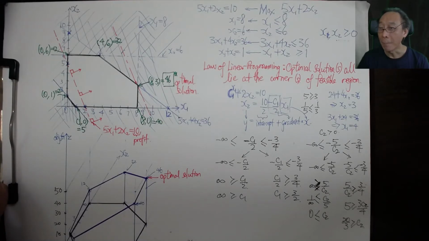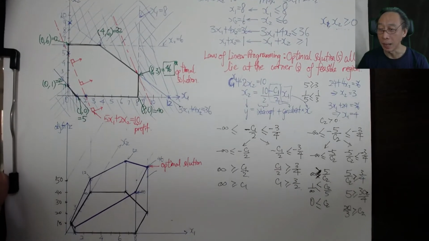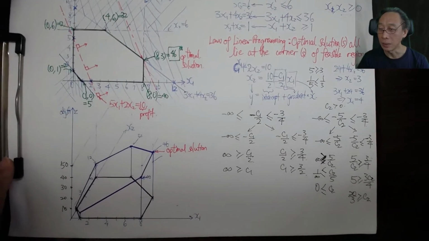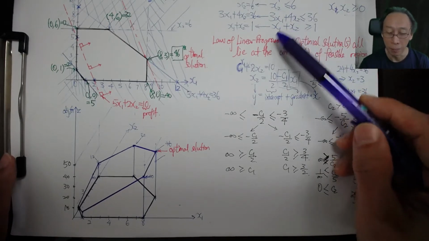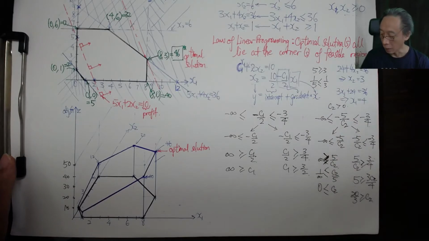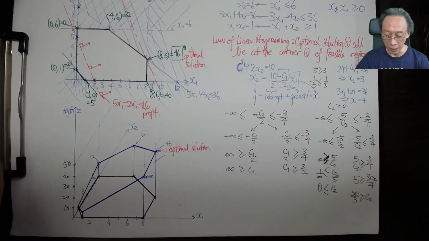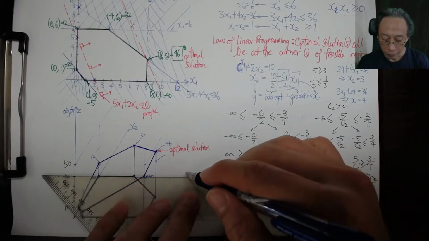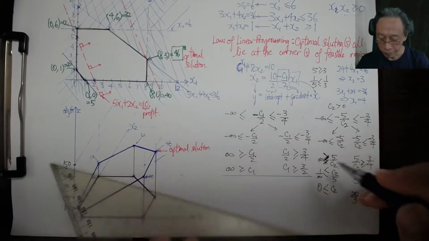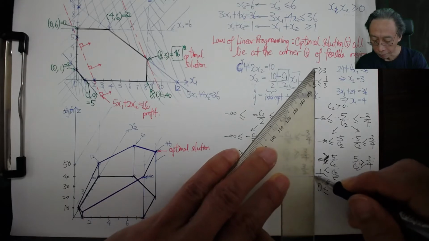But what are the four possible scenarios? It's good to know because we definitely know that no matter how simple or complicated your LP model becomes, there are only four cases, four possible scenarios of optimal solutions. So let's look at them.